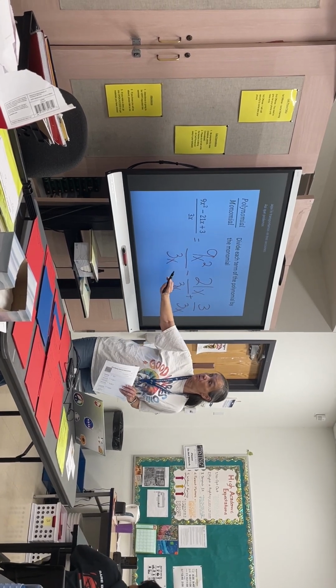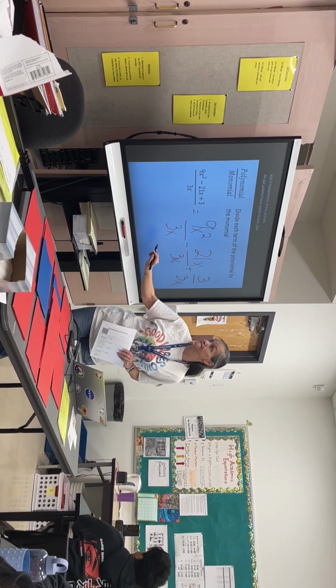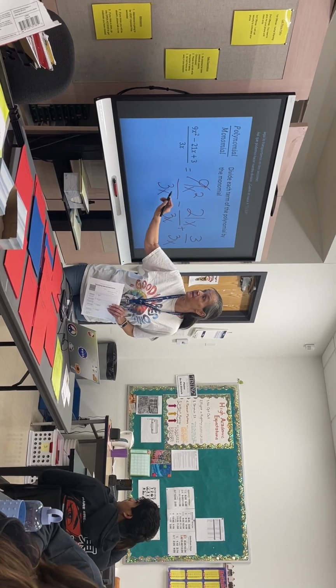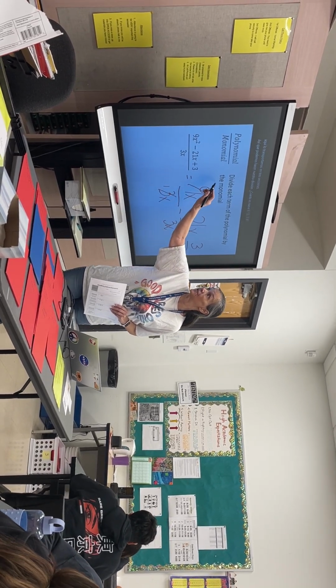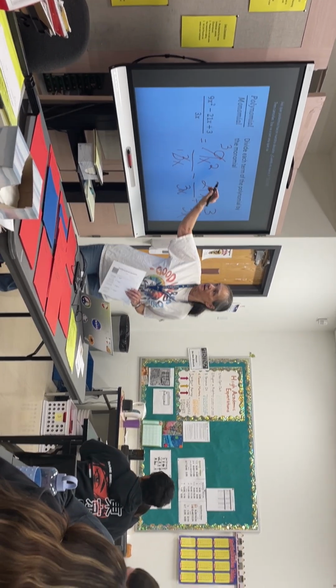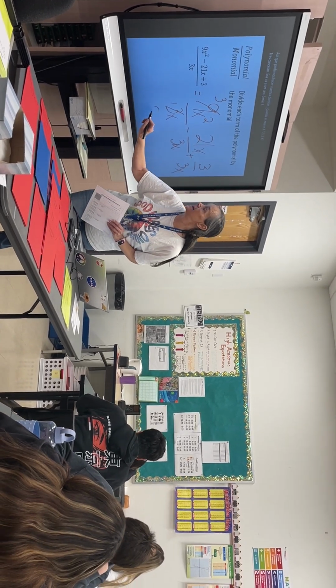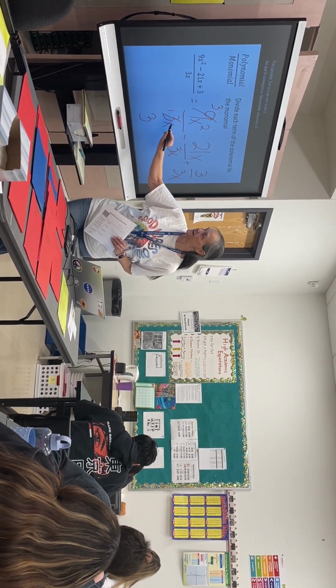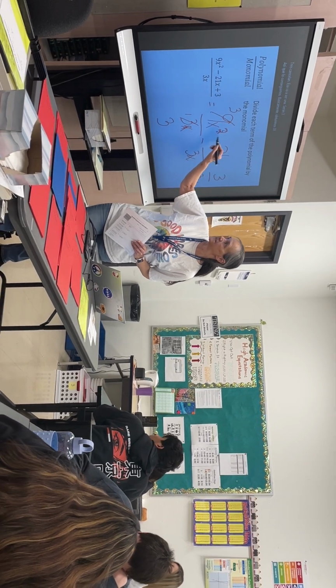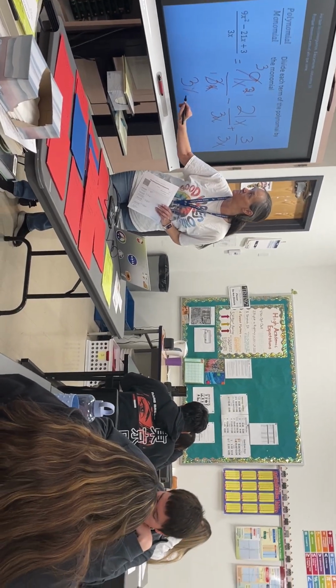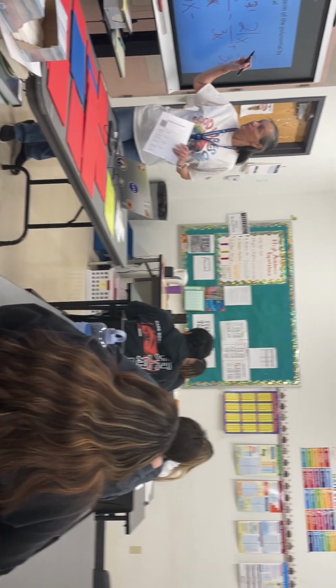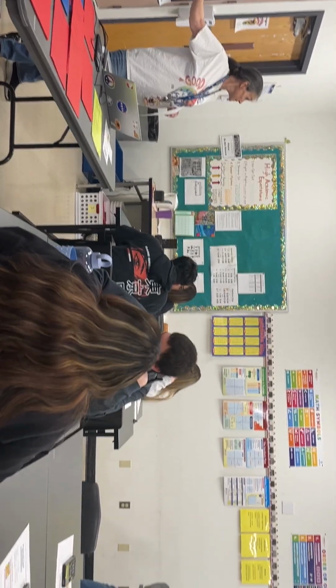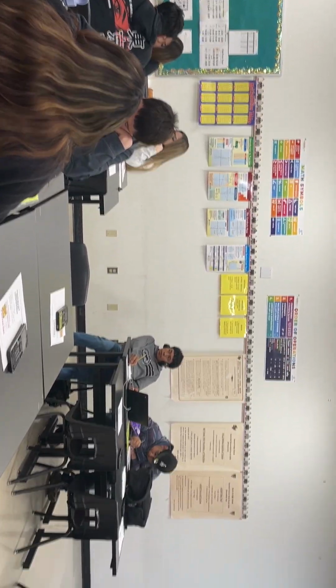What is 9x squared divided by 3x? You know that 9 and 3 cancel, that's going to be 3. So we're going to have 3x, because we have this x here, and we'll have x to the 1. So we have 3x minus, what is 21 divided by 3? Yep, and x divided by x is 1.